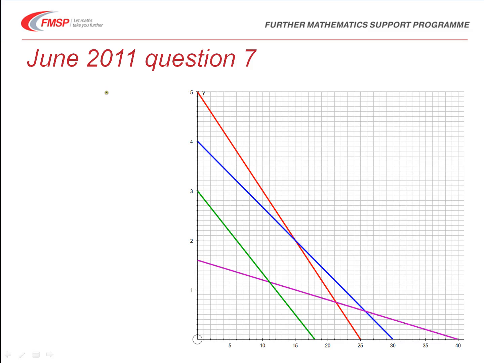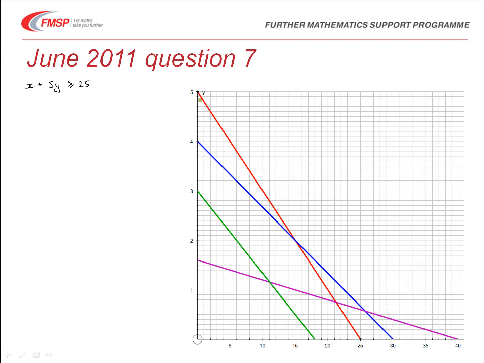Firstly, the inequality we were trying to draw was x plus 5y is greater than or equal to 25. So remember, we put it equal to draw the line. So if x is 0, y is 5, so that's the red line. And if y is 0, x is 25.